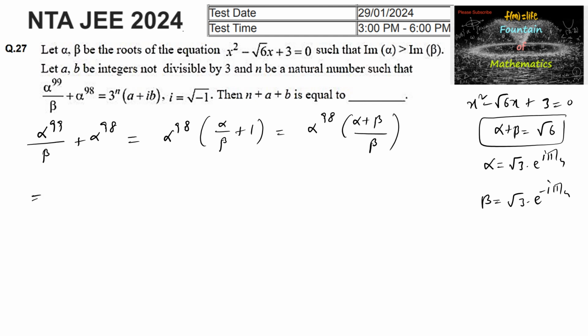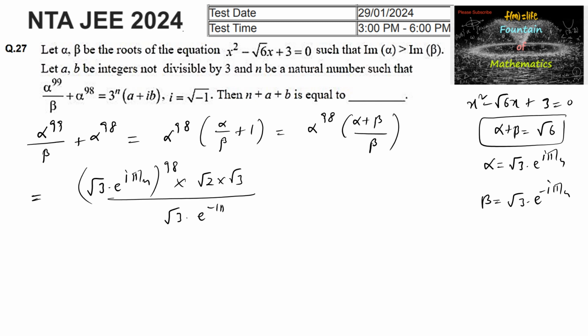Let us substitute here. So we get root 3 times e to the power i pi by 4 whole power 98 into root 6, which we can write as root 2 into root 3, divided by beta value, which is root 3 times e to the power minus i pi by 4.